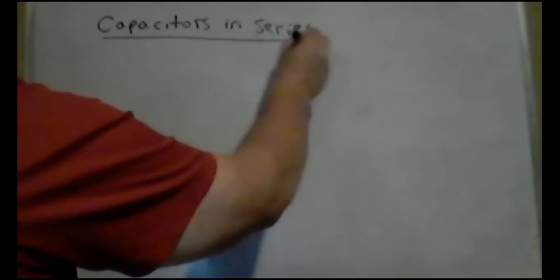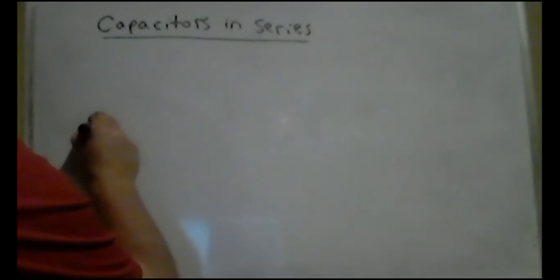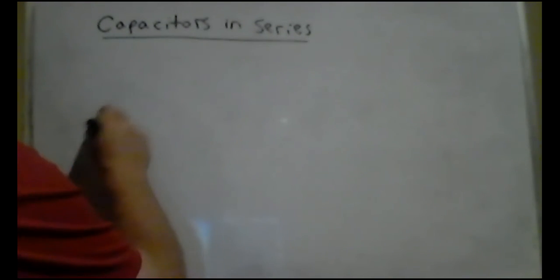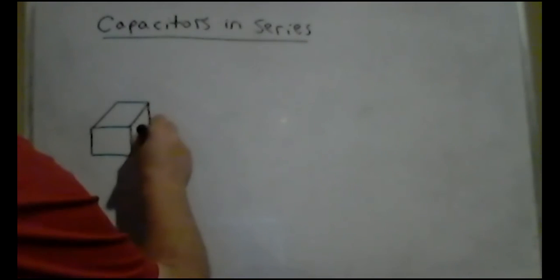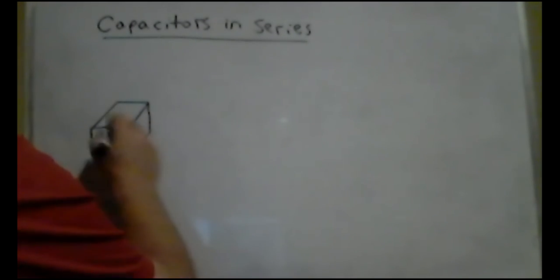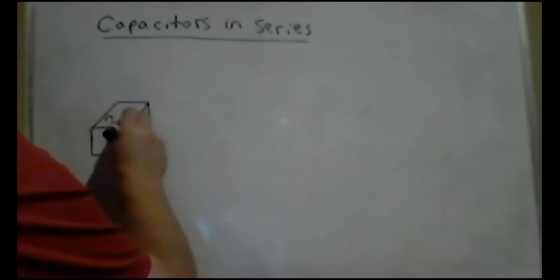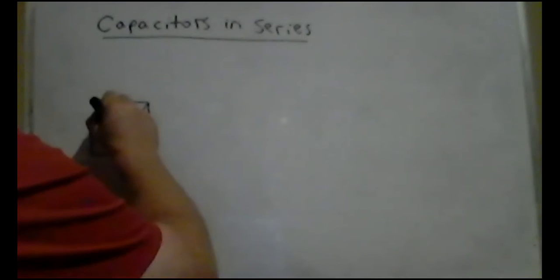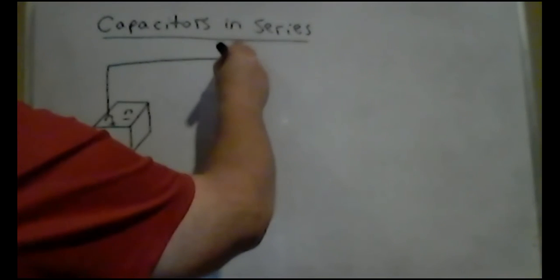I'm going to draw a picture. Now, again, I'm going to start off with a battery. Battery has two terminals, a positive and a negative. All right. And then what we're going to do is imagine taking a wire.